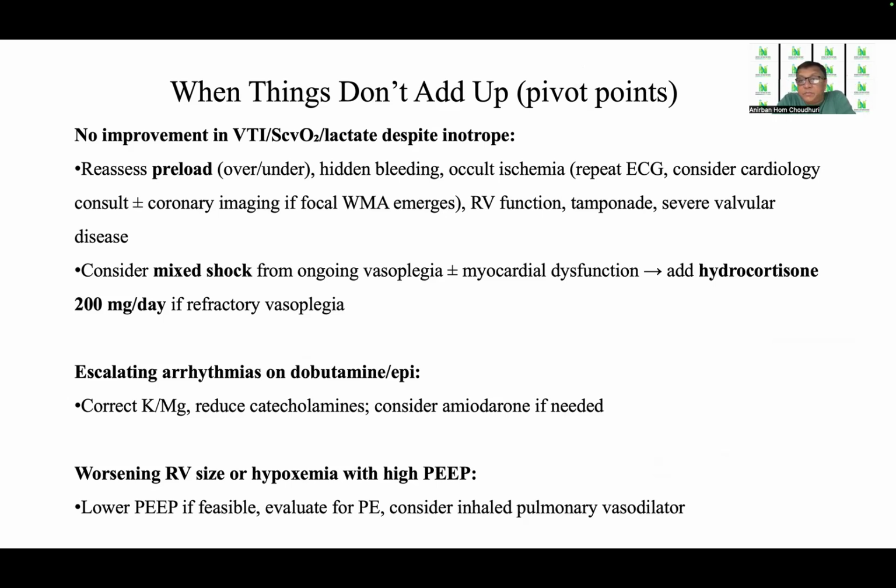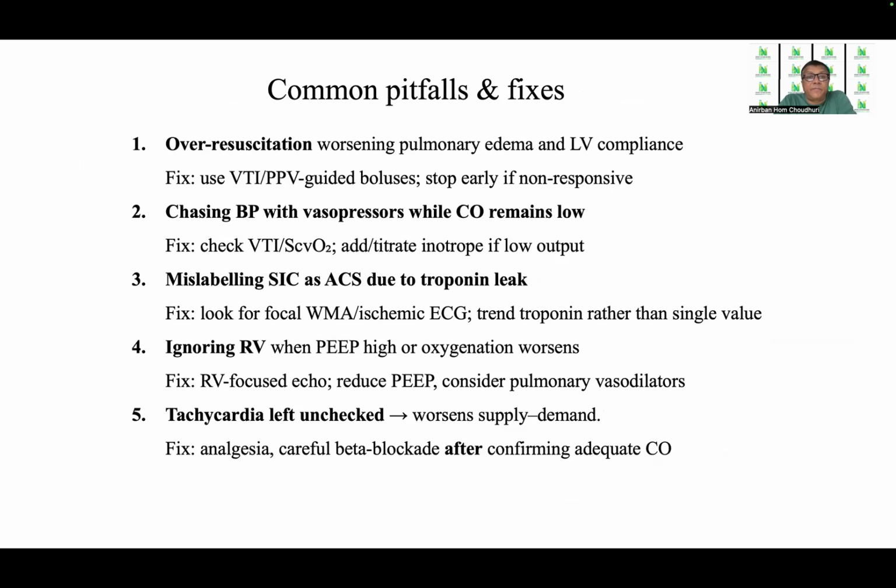We correct any abnormality of potassium, magnesium, and also reduce the catecholamines and consider amiodarone if need be. In case of worsening of RV size or hypoxemia with high PEEP, we look for lower PEEP if it is feasible, evaluate for pulmonary embolism, and also consider inhaled pulmonary vasodilator.